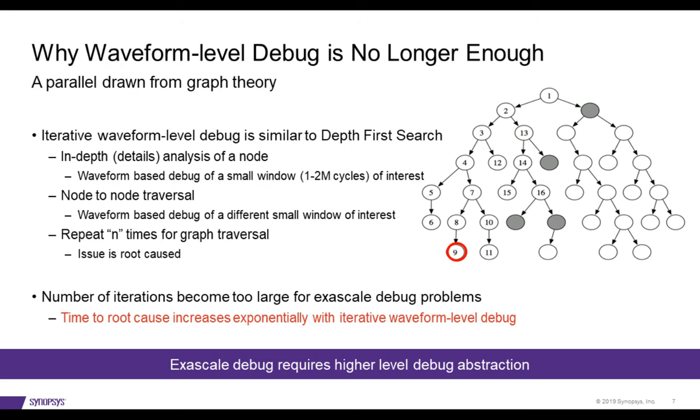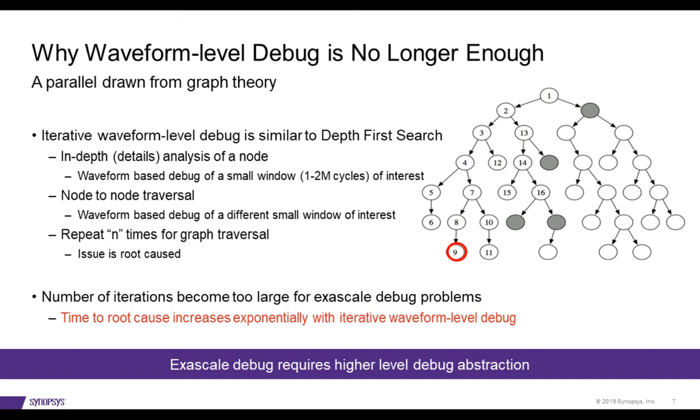From graph theory concepts, iterative waveform level debug is very much similar to depth first search, where you start from the root and then go in depth, doing a full in-depth analysis of that node, right?